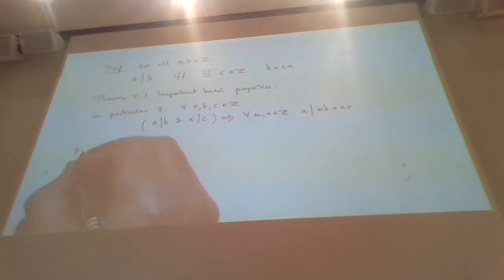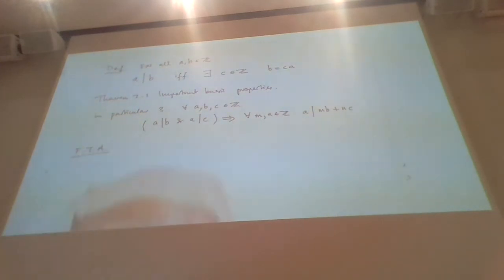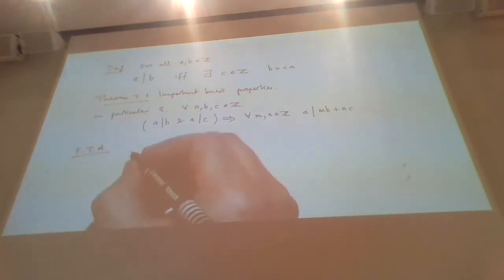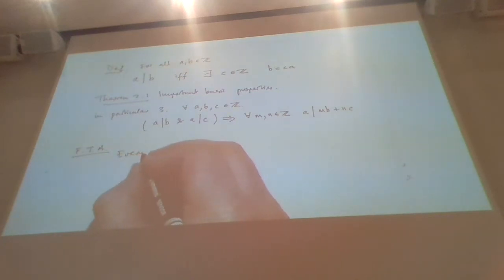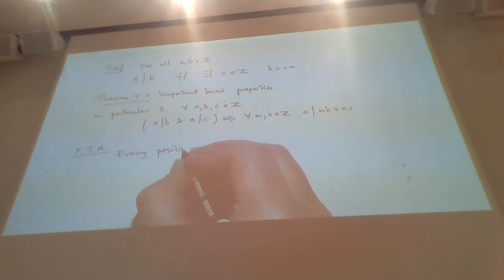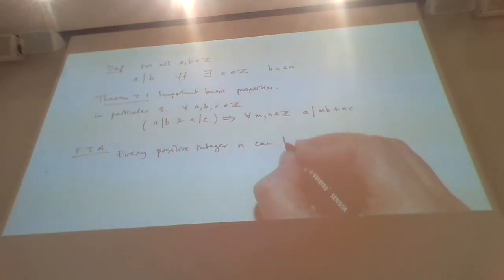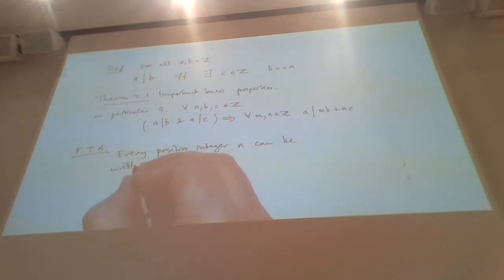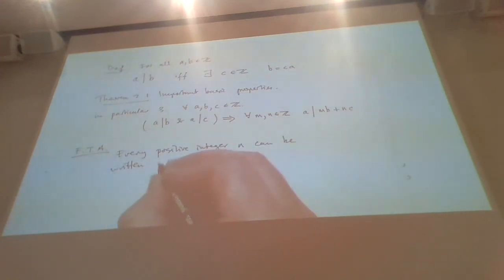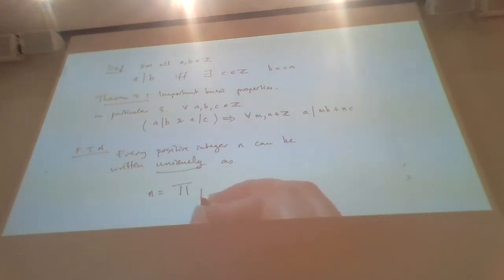Then we met the fundamental theorem of arithmetic, just quickly reviewing things we've discussed already. It basically says every positive integer n can be written, or factorized, or expressed uniquely, that's important, as, and I'll write it like this because this is how we often see it.